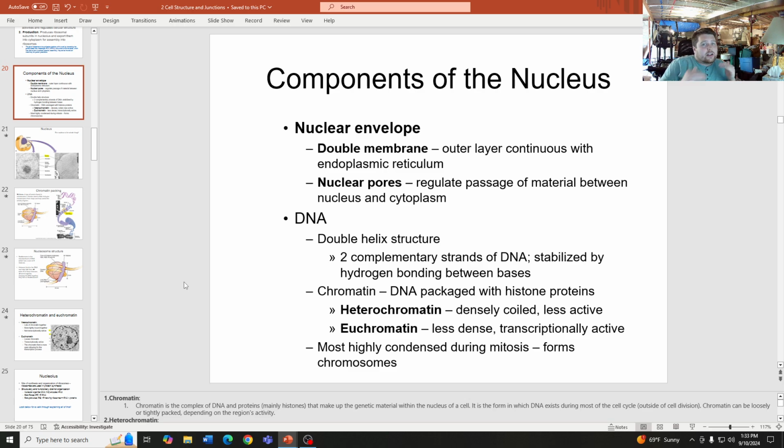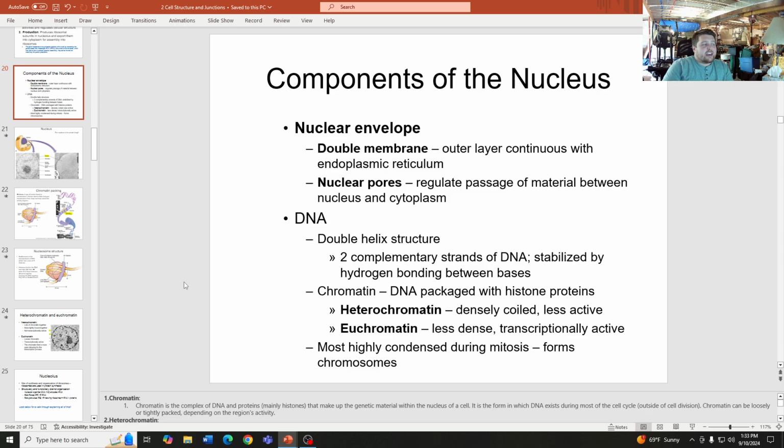Now there are two subcategories of chromatin. If it's super tightly coiled, densely wrapped up with these histones, we call it heterochromatin. If it's a little bit looser, a little more open, we call it euchromatin.